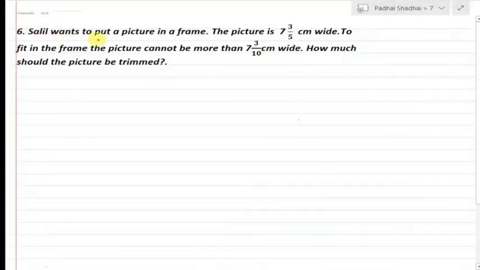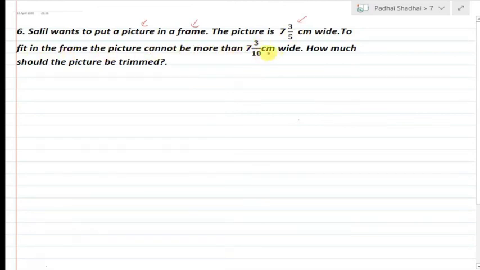Okay, let us see question number 6. Salil wants to put a picture in a frame. The picture is 7 integer 3 by 5 centimeter wide. To fit in the frame, the picture cannot be more than 7 integer 3 by 10 wide.